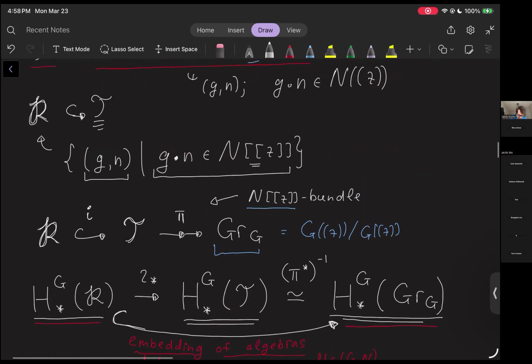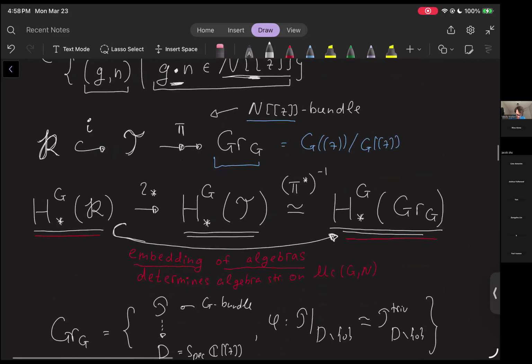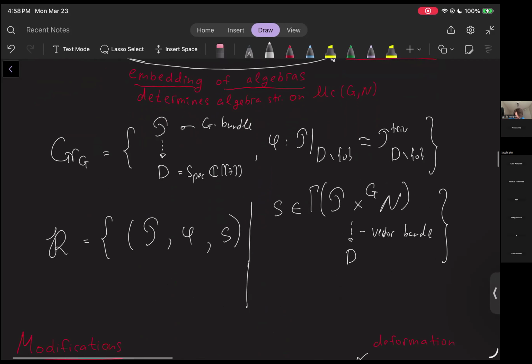And now this condition that G dot N lives in this N of Z, you can reformulate as follows. You can take your trivialization phi and apply it to S, namely to the restriction of S to D without 0.